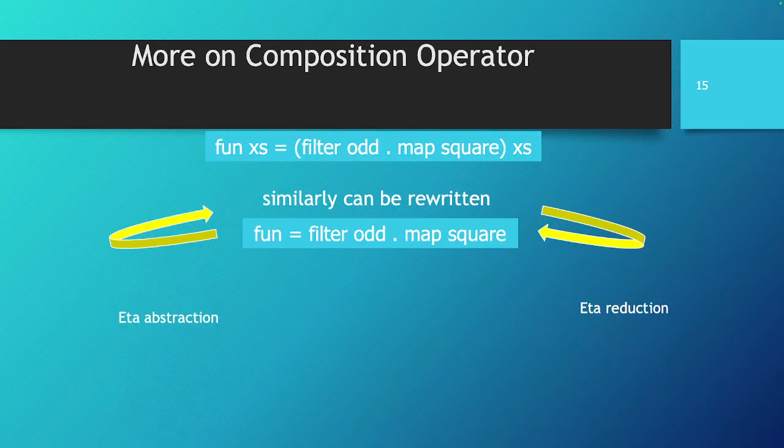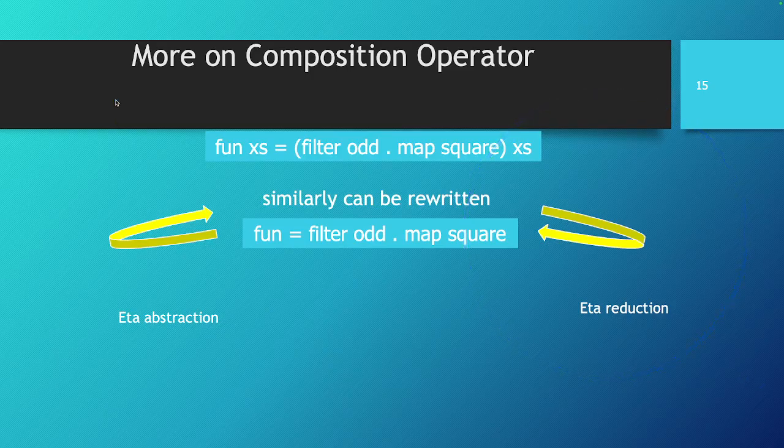Now, we call the one on the right, where you take the first one and give me out the second one, eta reduction. That's eta reduction because what you're doing here is you're taking the xs and you're dropping it.